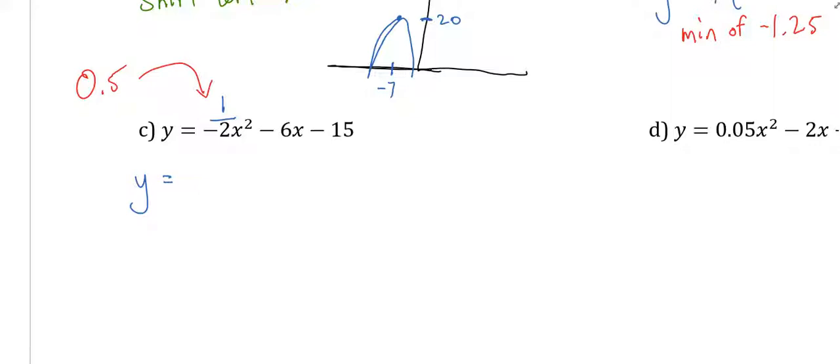So I take out negative 1/2, and I get x squared, and a negative divided by a negative is a positive, so plus 12x. All of that talking was to make us realize that in a question where there's a decimal out front, that middle number is going to get bigger.